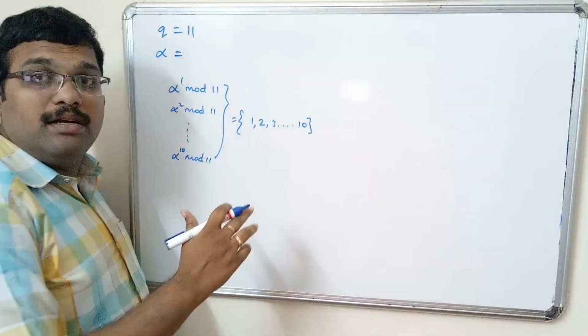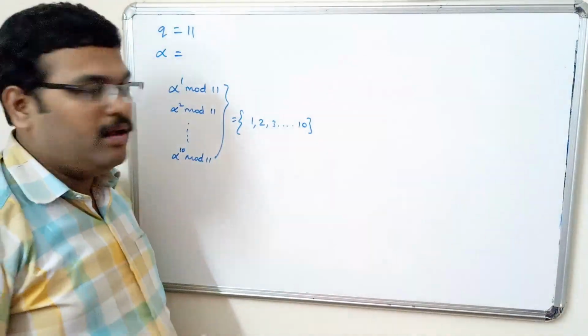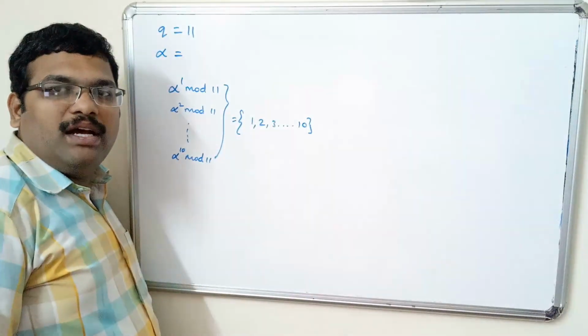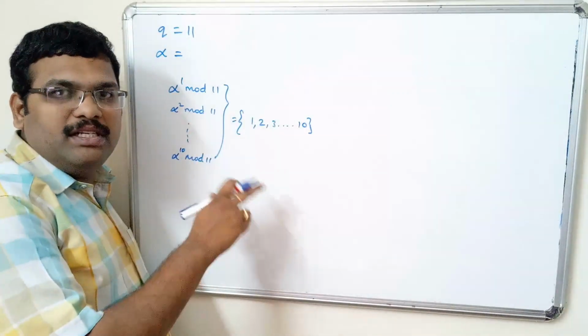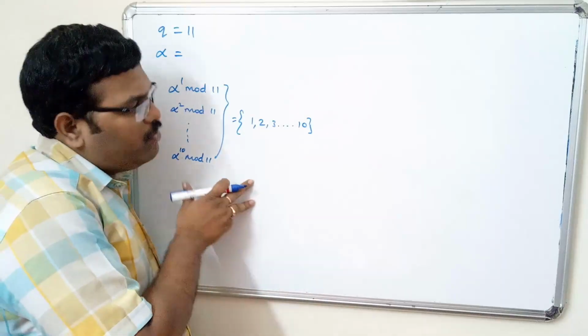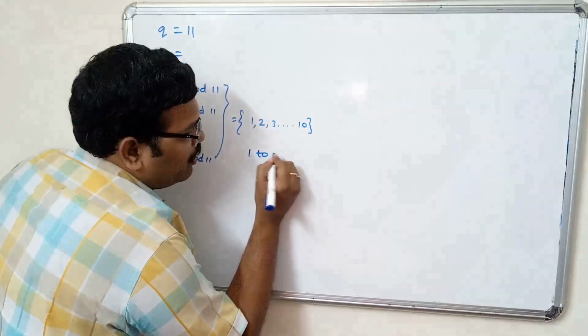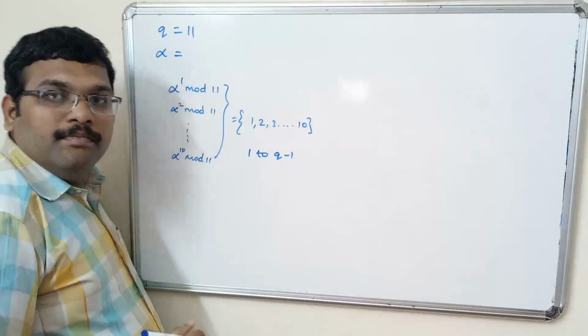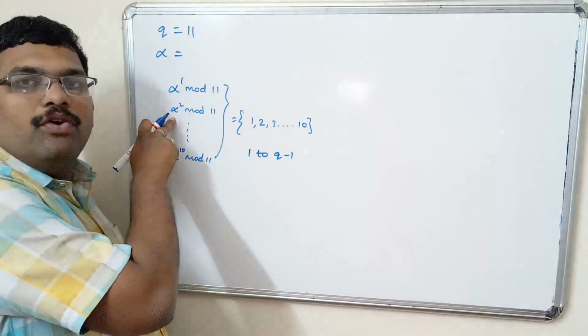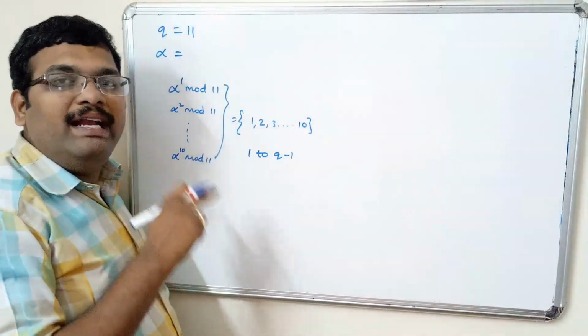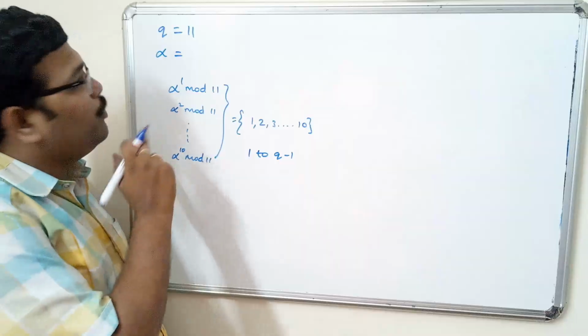That means all the numbers from 1 to q minus 1. We have to get all unique numbers, that means they should not be repeated. Every number from 1 to q minus 1. Such a number we call a primitive root. So in the second step we have to find the primitive root of q.